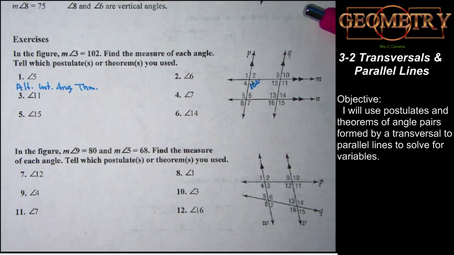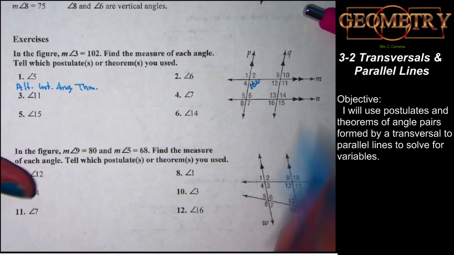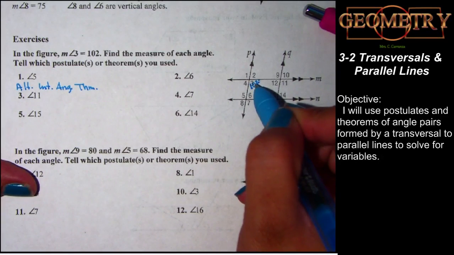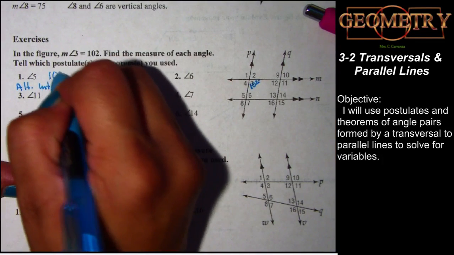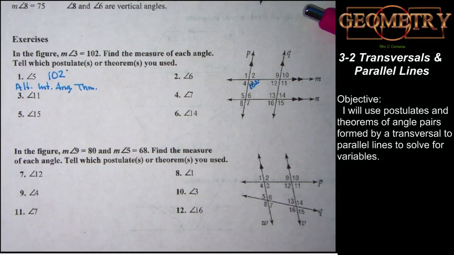So alternate interior angles are congruent. That means their measures are the same. Angle 3 is 102, therefore angle 5 is 102, and I have the measure of my angle and the reason why I say it's that measure.